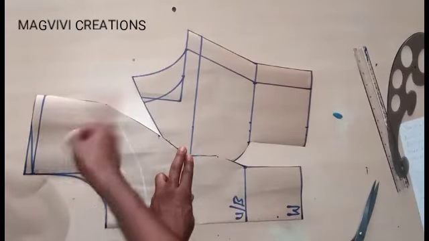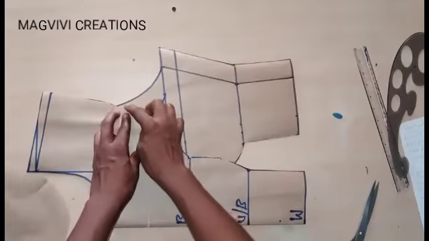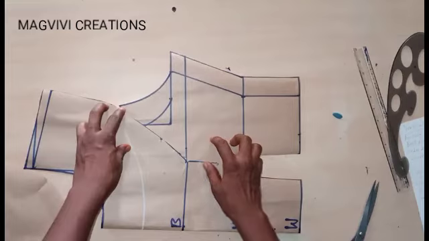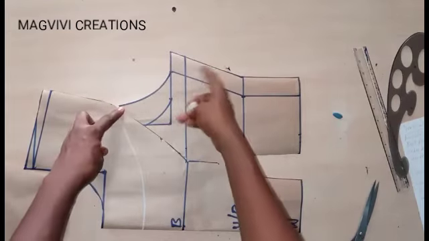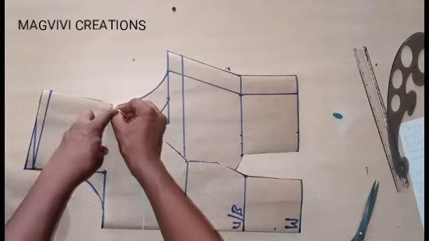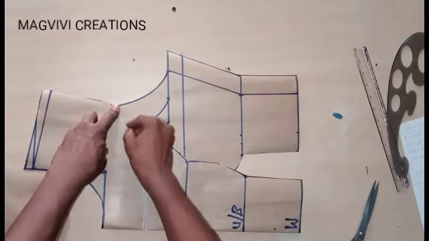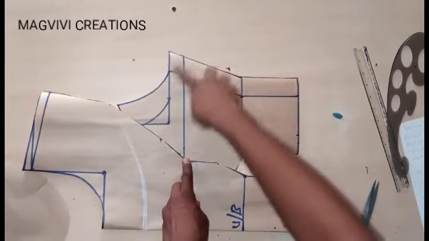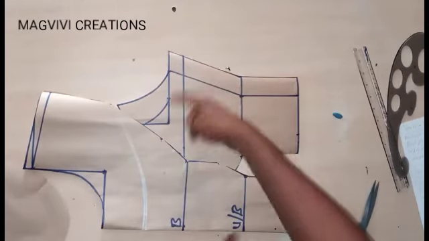You can see you'll be eliminating the shoulder. You have the armhole to join your off shoulder sleeve. So you can see what I have here. I've created the off shoulder neckline, and this is the armhole for the off shoulder blouse.